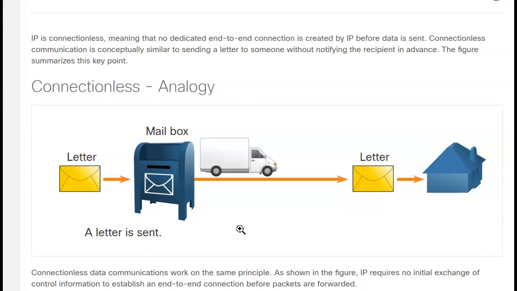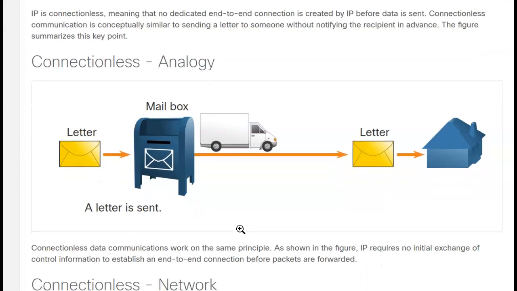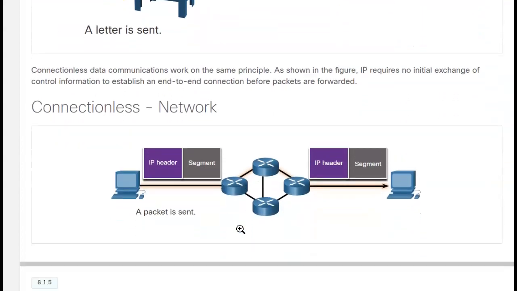You just expect it to be delivered. On a network, you send the packet and it runs through a lot of different networks and routers. Based on the configuration of those routers, the traffic, and other things you can do to optimize the efficiency of a network, you're not guaranteed that one packet will follow the same path. You may get 2 different packets taking totally different routes to get there.